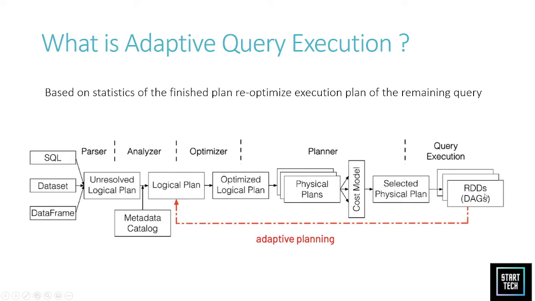In adaptive query execution, at runtime, you can choose based on the statistics and re-optimize the execution plan. How can you do this? You need to enable it. I would write the property name in the description box below. You can check that out, and we'll see what are the key components of adaptive query execution.